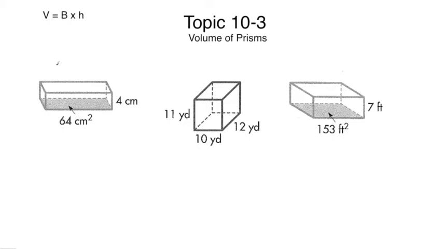All right, so they want us to find volume, so the very first thing we always write is the universal formula, because this is what you write probably 80% to 85% of the time. Now, what's the shape of the base?